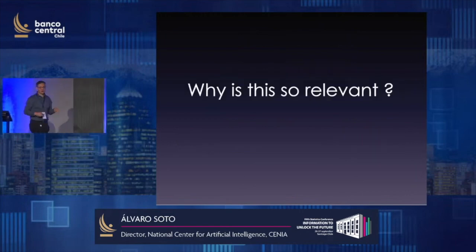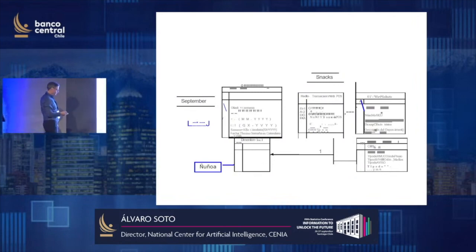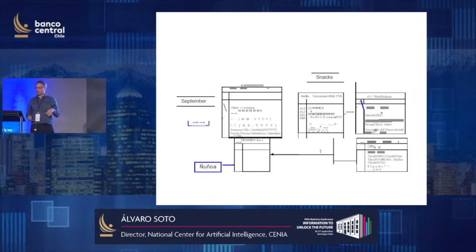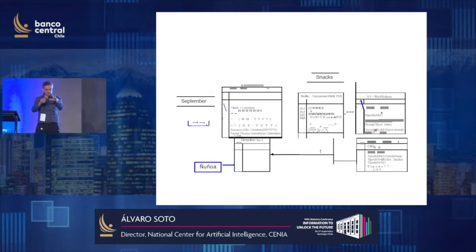And why is this so relevant? It doesn't look that way, but before deep learning, we had relational databases where we can ask a computer, for example, if you had all your information in your ERP organized, what are the salaries of those people, or how are the sales of that part of my company.